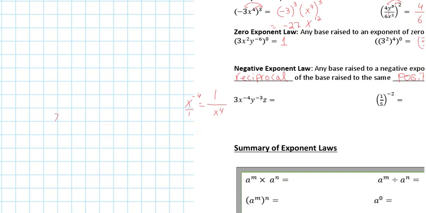Or why, when I have a negative exponent, can I flip it and make it positive? Show me an example. But why? That's my question. Yes, that's a rule. Why? Okay, give me numbers.